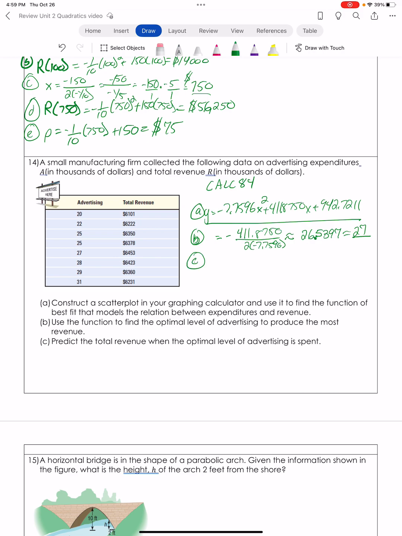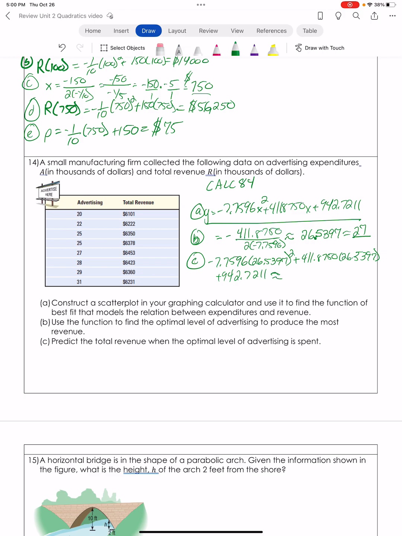For C, I plug this in: negative 7.7596 times x, which is 26.5397, squared, plus 411.8750 times 26.5397, plus 942.7211.